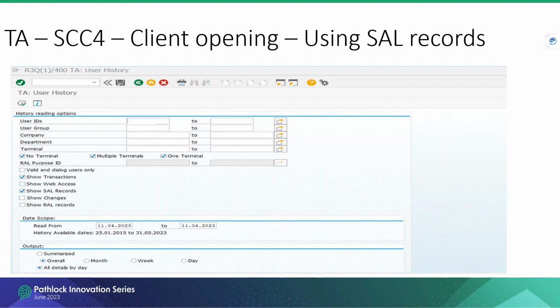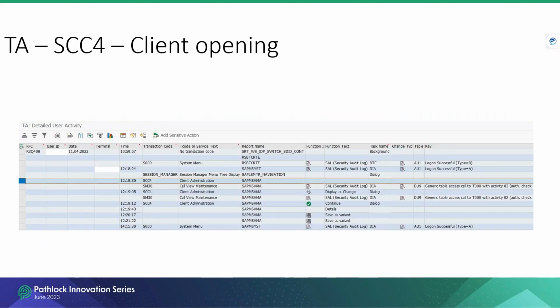So this is the selection screen again. We'll enter the username, we'll tick the box for the audit log records, and then we'll tick the box transactions related and run the report. And then we'll get a detailed user activity report, and within that report we'll highlight the row related to the SCC4 transaction.